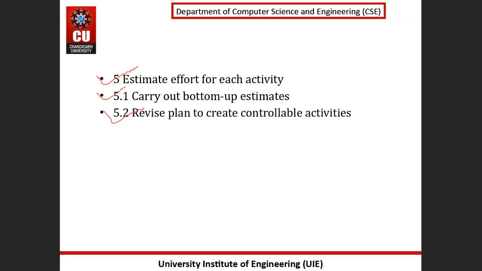It would be better to break it down into a series of smaller subtasks. Fine. So we will revise the plan to create controllable activities. If it is a large project, then we will divide the activities or tasks into subtasks for efficient work.